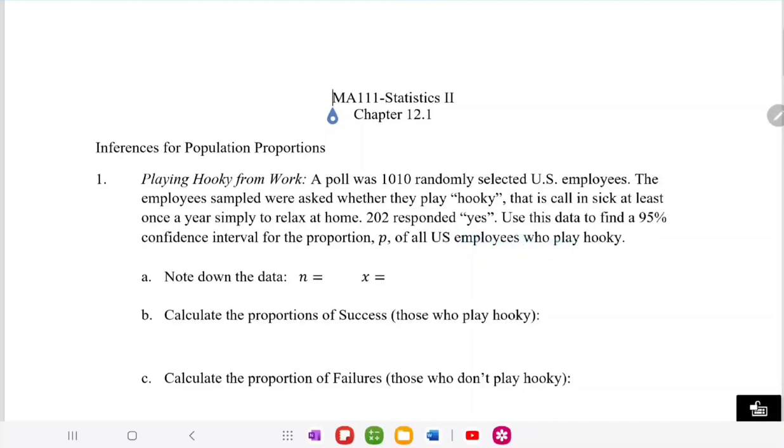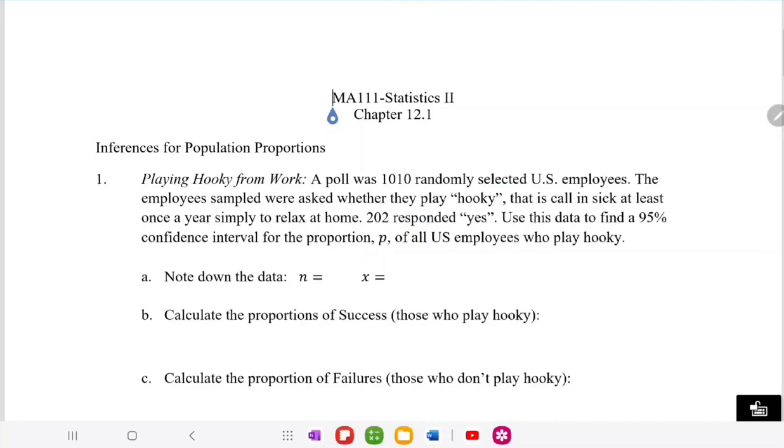Use this data to find a 95% confidence interval for the proportion p of all US employees who play hooky. So this particular problem is about finding a confidence interval for proportions.